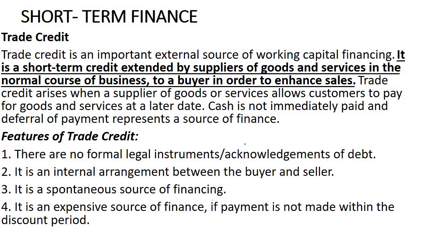For example, suppose an organization A has to pay 1 lakh rupees to the supplier for the raw materials that have been delivered to organization A. Now organization A asks the supplier for trade credit.